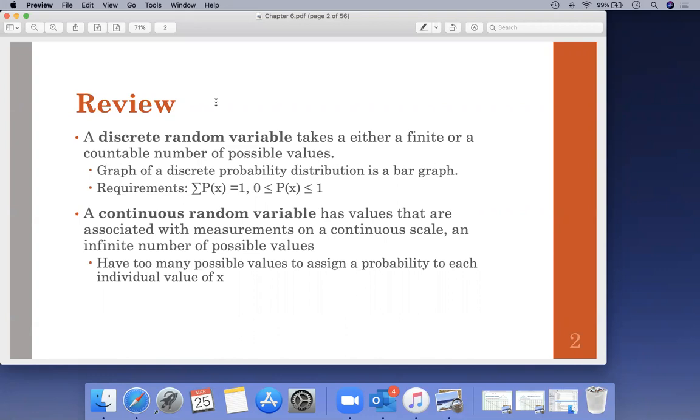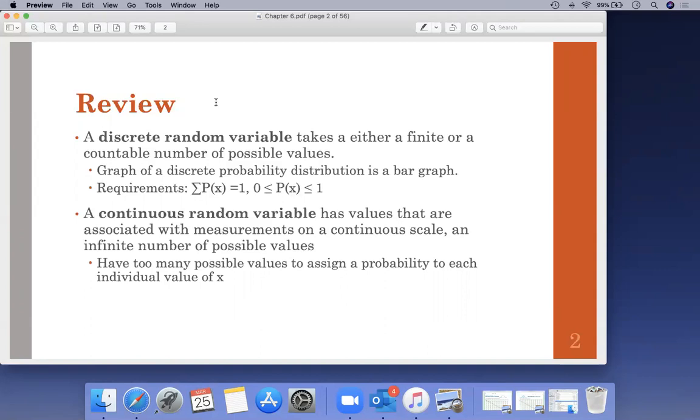Then if you want to draw a graph for your discrete probability distribution, it's really simple. It will be a bar graph. According to each and every possible value, you will have a separate bar. Then there are some requirements for a discrete random variable.